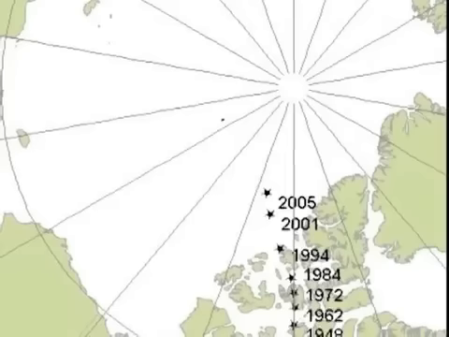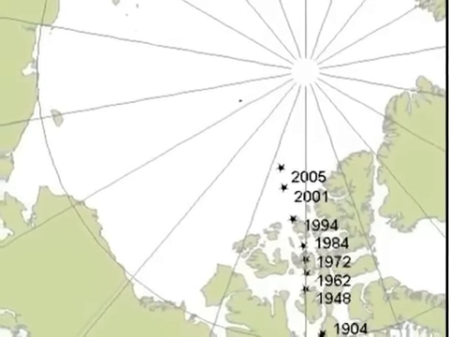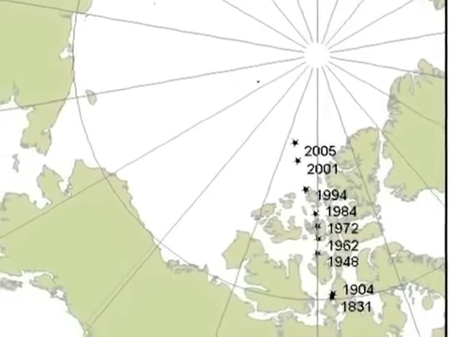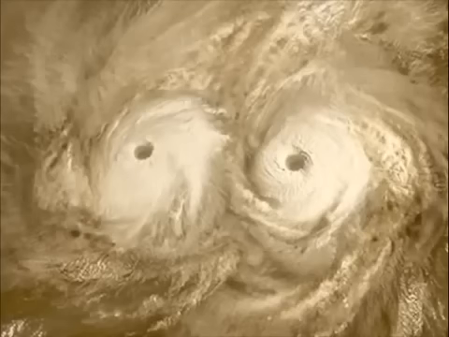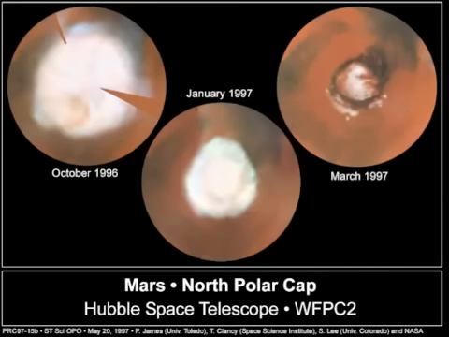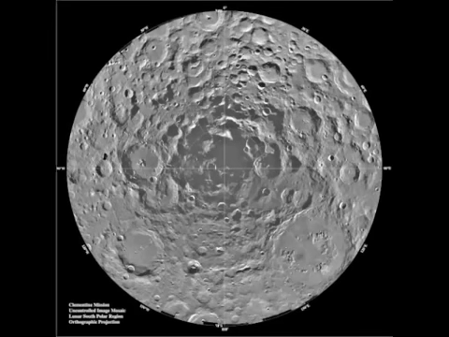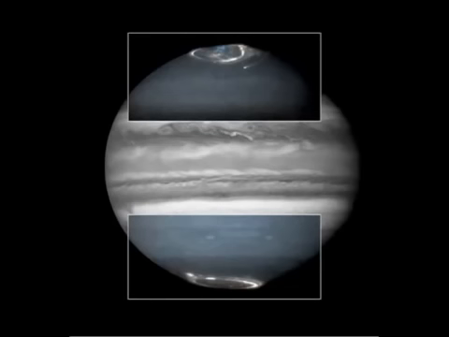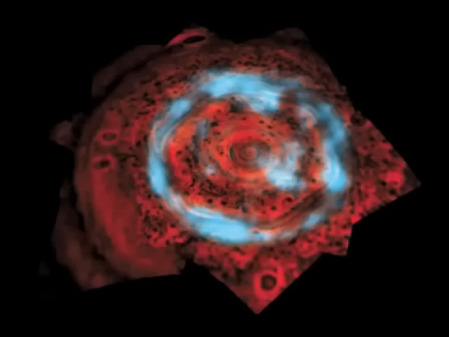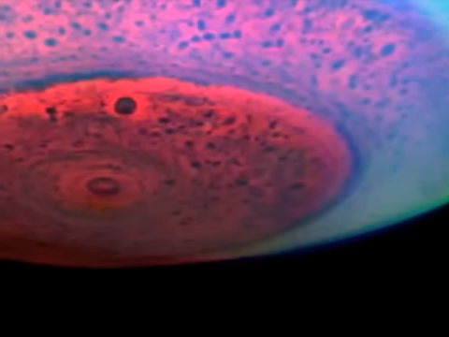Likewise, we see polar weather effects occurring on all the other planets in our solar system that may be explained by this process, such as the dual north polar cyclones of Venus, the thawing and freezing of the north and south poles of Mars, the apparent conflagration of impacts on the north and south poles of Earth's moon, the recent appearance of auroras in the north and south poles of Jupiter, and the as of yet unexplained presence of regular hexagons in the weather patterns of both the north and south poles of Saturn.